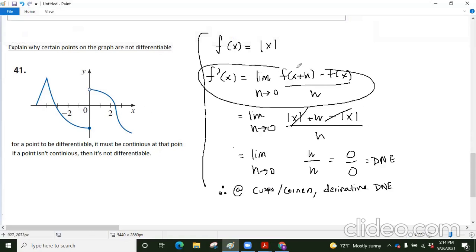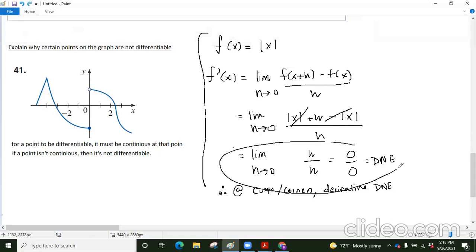And this was us finding the derivative, and we know that the derivative doesn't exist because we get 0 over 0, which is an indeterminate form. So at cusps or corners, the derivative does not exist.